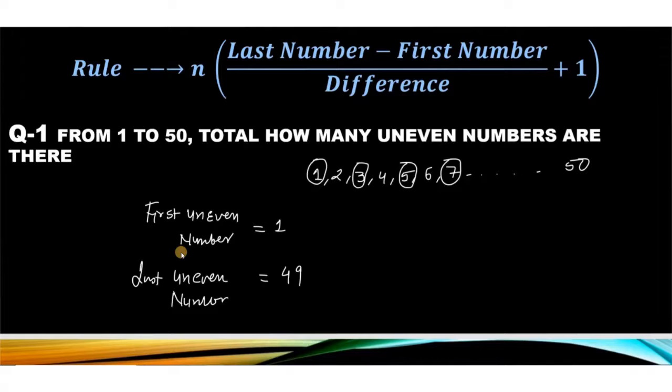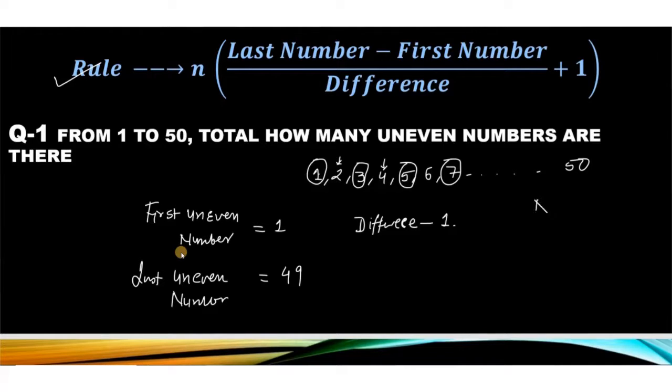And then you have to find out the difference. Let's see, 1 and 3. So here the difference is equal to 2. So now what you need to do, you have to apply this formula.